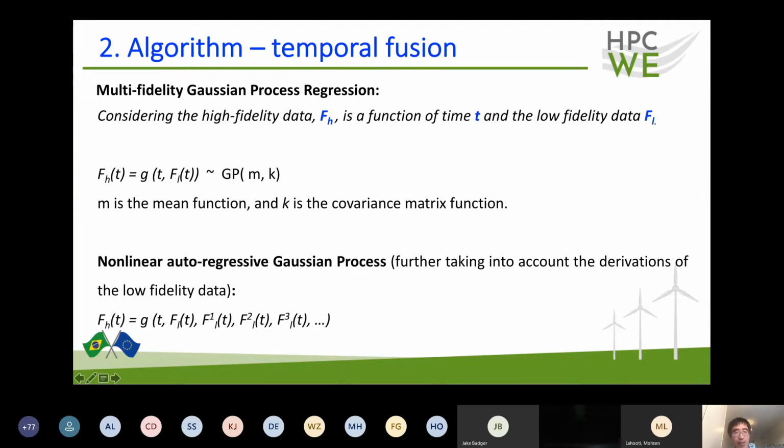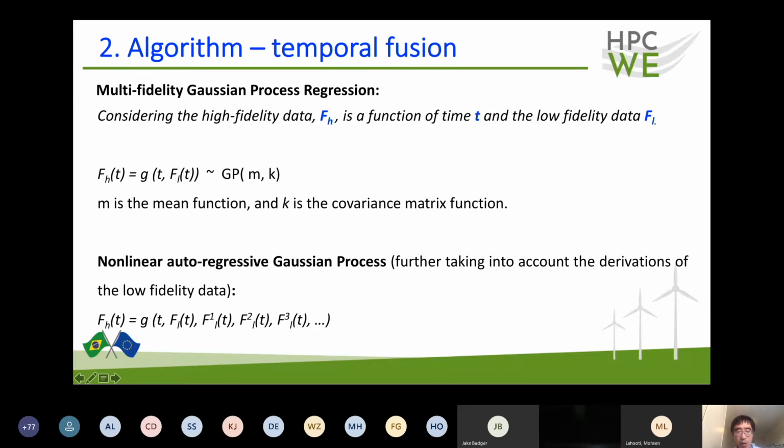Okay, then we regard this function as a Gaussian process, and from the Gaussian process regression, we can estimate the overall distribution of the high fidelity data. Another step is to further consider the high fidelity data as a function of time, the low fidelity data, and the first, second, third order differentiation of the low fidelity data.